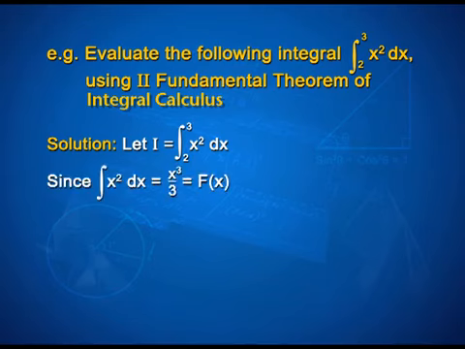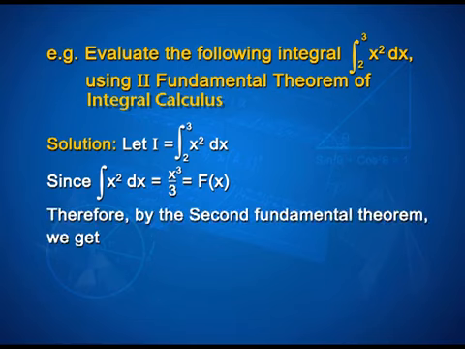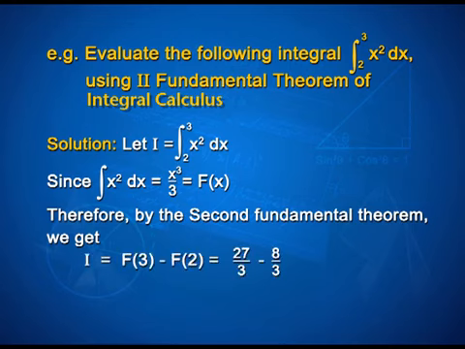Since integral x square dx is equal to x cube upon 3, that is equal to F(x), therefore, by the second fundamental theorem, we get I is equal to F(3) minus F(2), that is equal to 27 upon 3 minus 8 upon 3. On solving, we get 19 upon 3 as the answer.